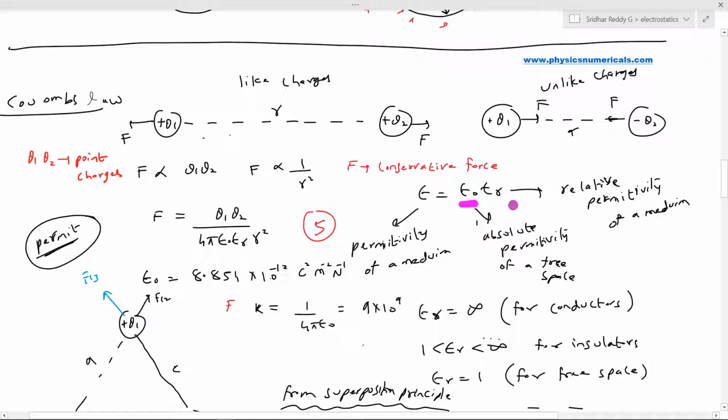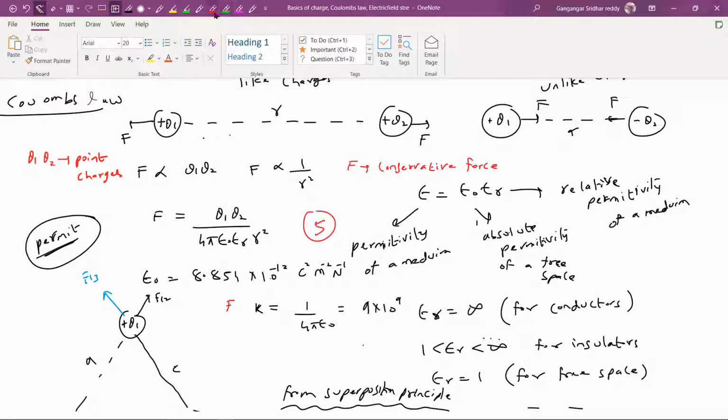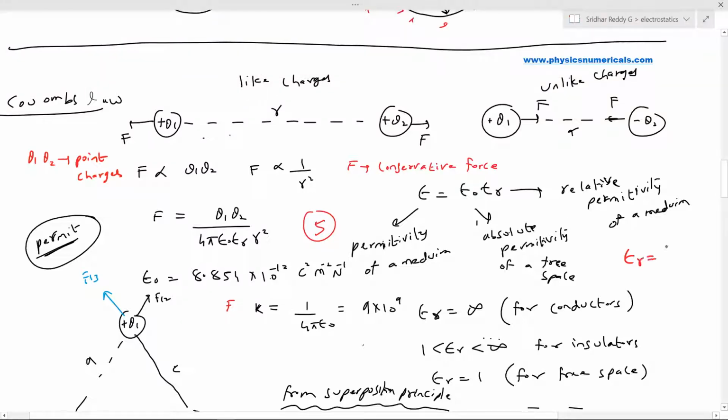Suppose you take any insulator, a material whose relative permittivity is, say, 4. What do you mean by that? The permittivity of that medium is 4 times that of free space.